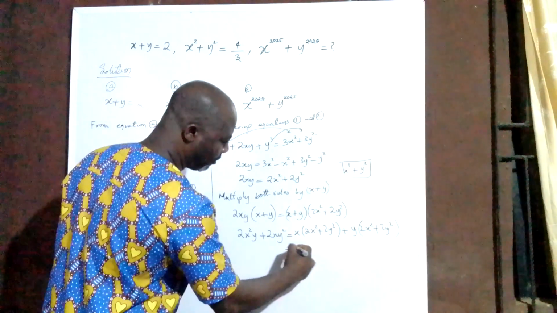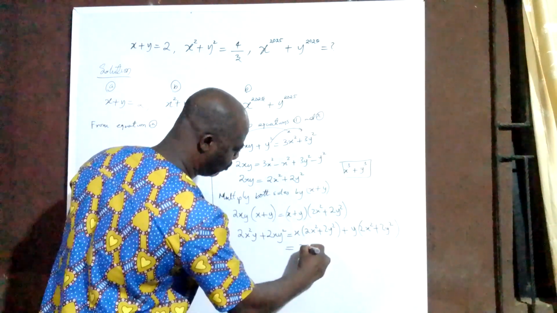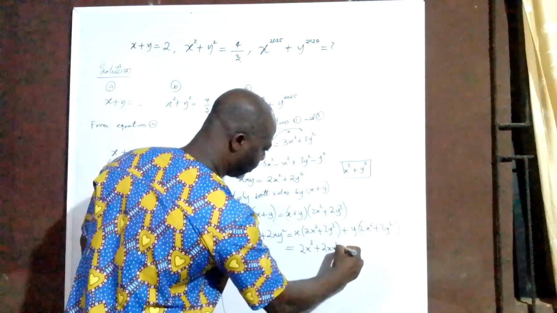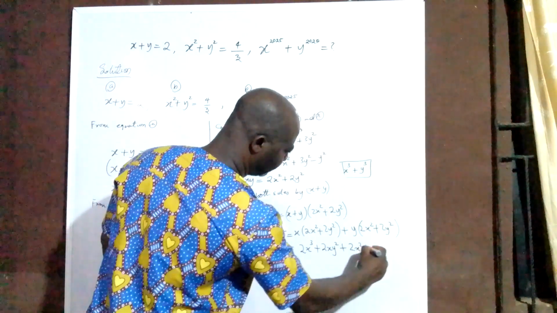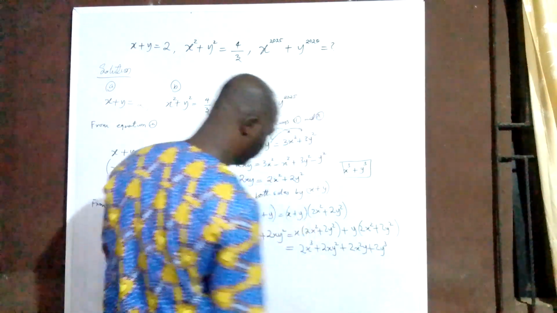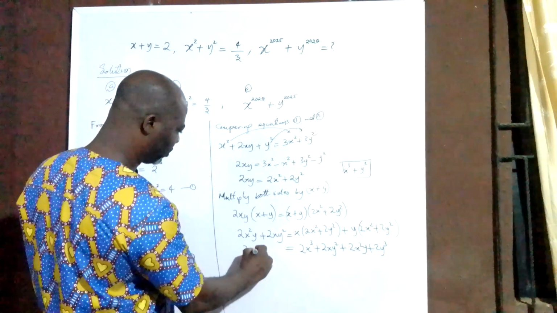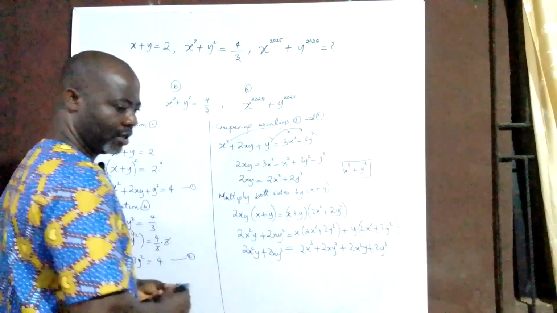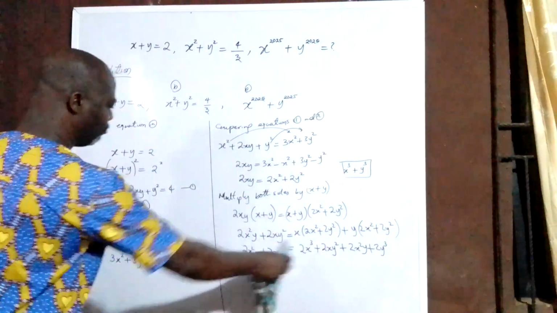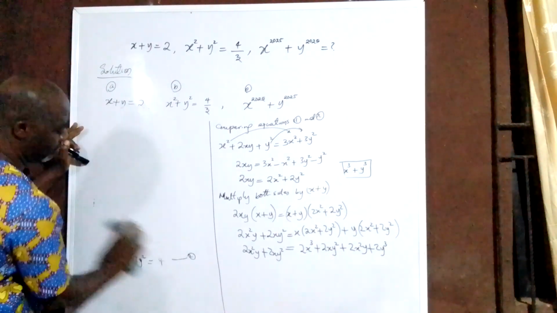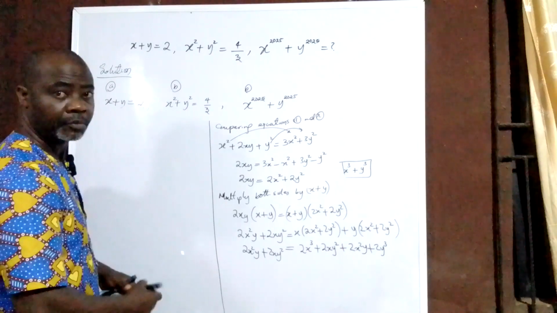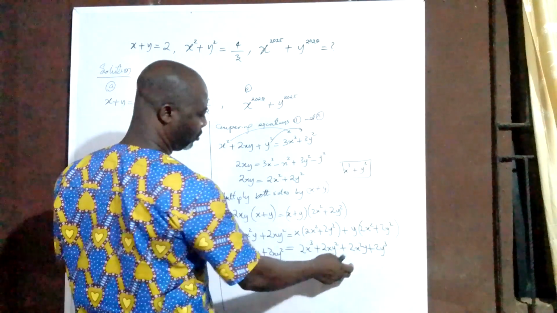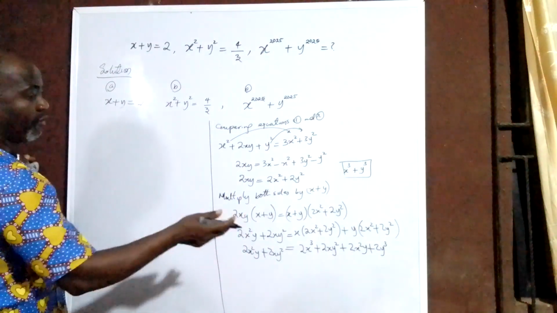Let me simplify this side. There's 2x cubed plus 2xy squared plus 2x squared y plus 2y cubed. So I have 2x squared y plus 2xy squared equal to that. Now I'm going to move everything to one side.